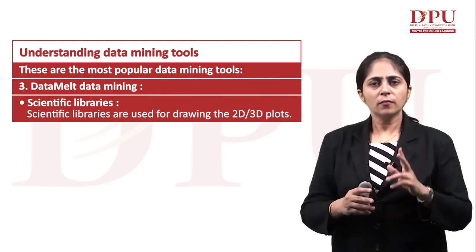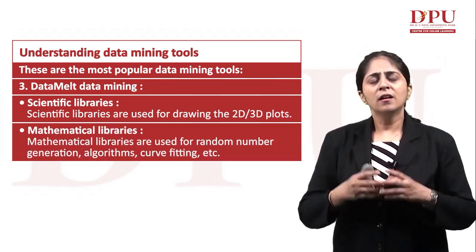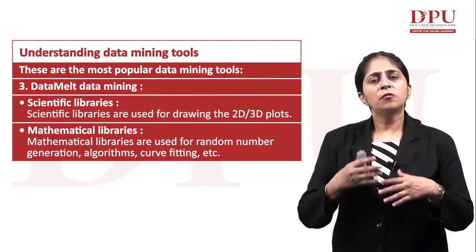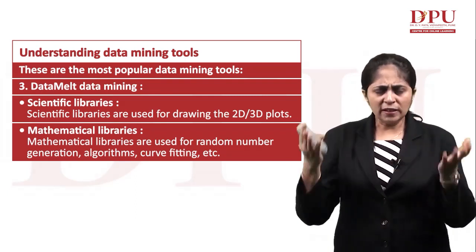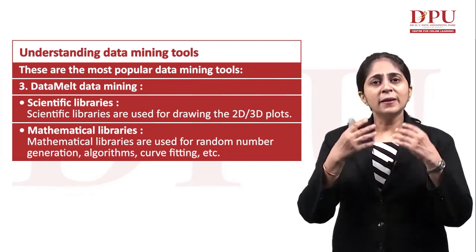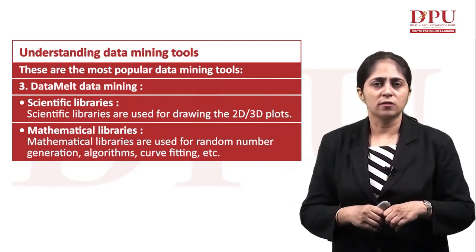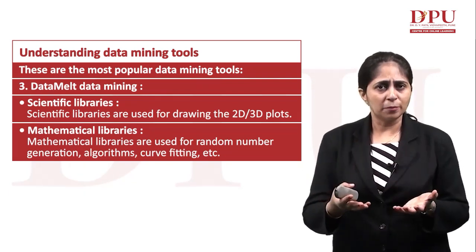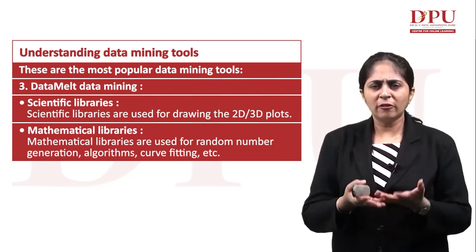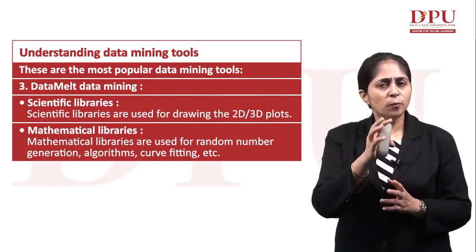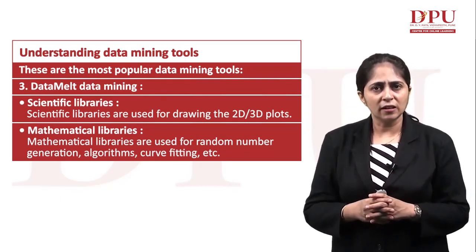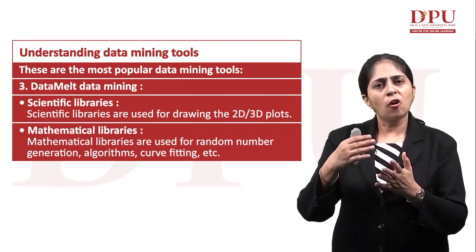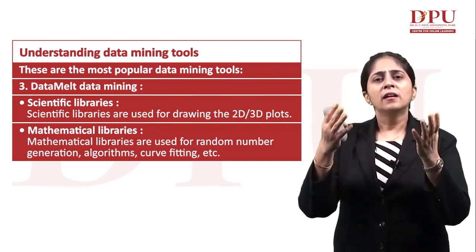Then we have the mathematical libraries. Mathematical libraries are used for random number generation, for algorithms, for curve fitting, etc. Whenever some calculation has to be done, mathematical libraries are required. They provide us various functions related to mathematics. Every one of us has worked on Excel, so you must know about the various mathematical functions it has: sum, average, trigonometric functions like cos and sine, and a sorting function.